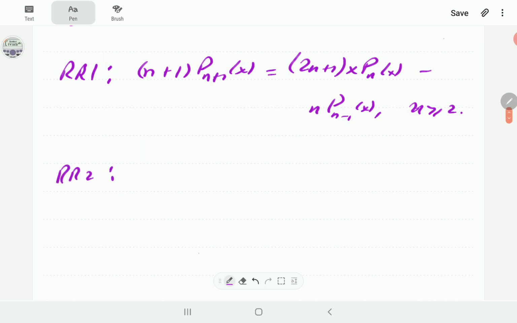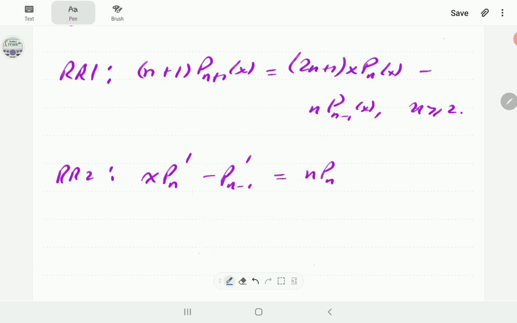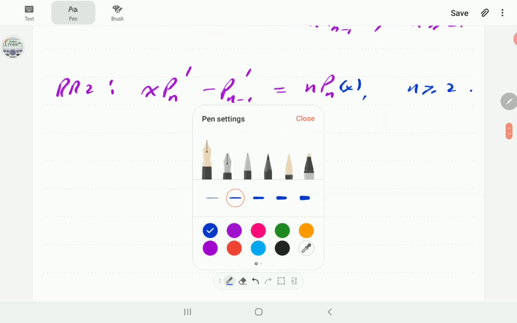Then the second recurrence relation is x P n prime minus P n minus 1 prime is equal to n P n. Note that for brevity we're just typically going to write this as P n, but we know all the time that of course these are functions of x.